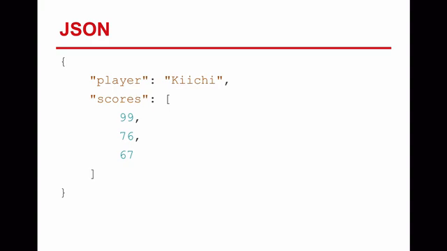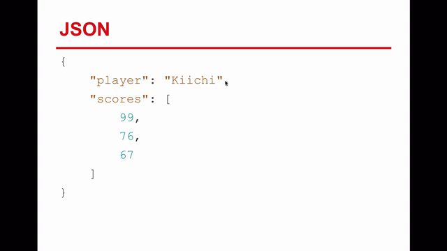First, the JSON uses a curly brace to store a dictionary. The dictionary is key value pair data. Key is player. So this is just a dictionary key. But inside the key, we have a value associated with it.